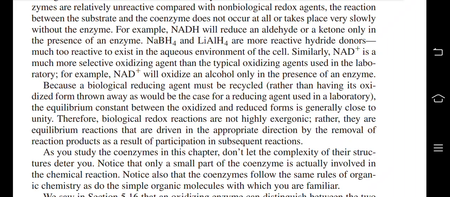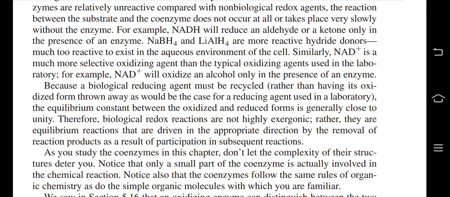The equilibrium constant between the oxidized and reduced forms is generally close to unity. Therefore, biological redox reactions are not highly exergonic; rather, they are equilibrium reactions that are driven in the appropriate direction by the removal of reaction products as a result of participation in subsequent reactions.